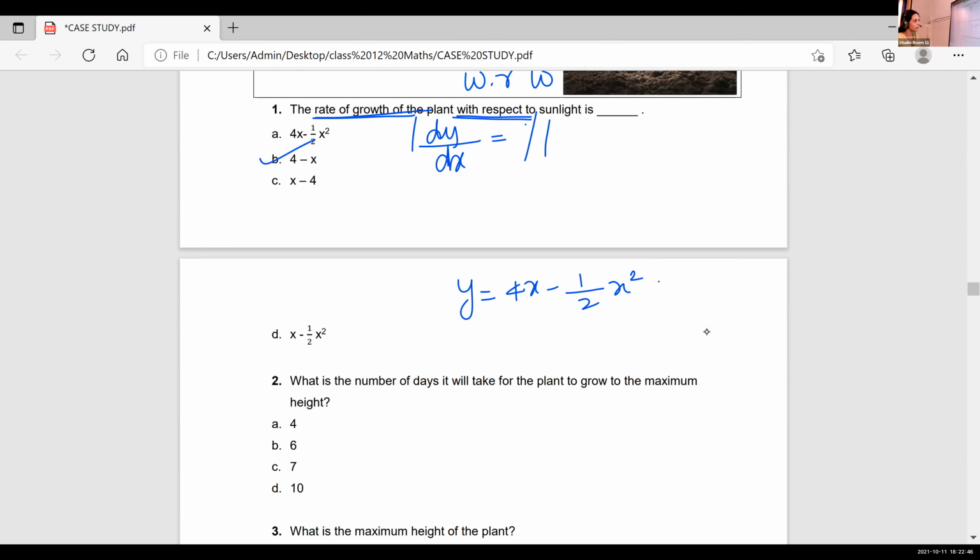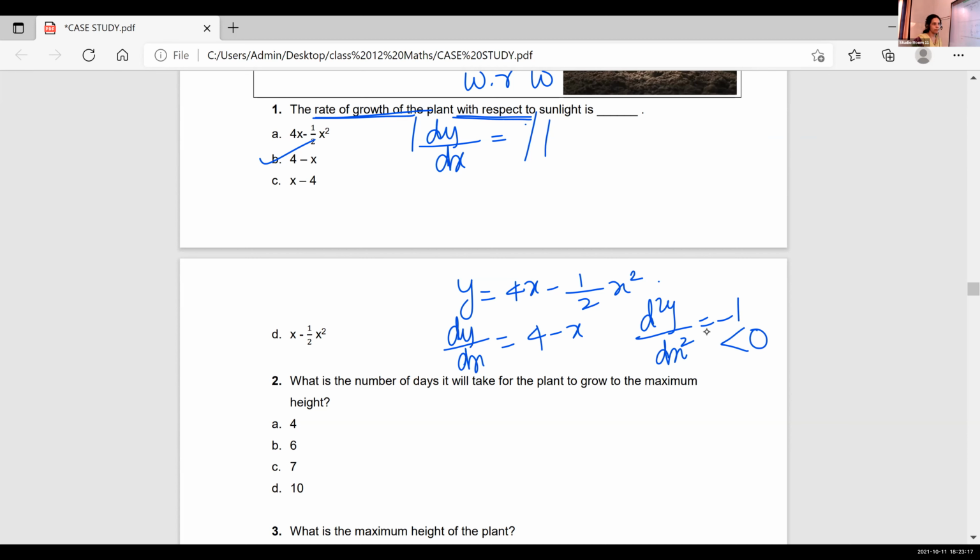How do we find the maximum value? How many times do you have to differentiate, Karthik? Two times. So find out dy/dx. dy/dx we already calculated as 4 - x, isn't it? And what is d²y/dx², the second order derivative? It is -1. For maximum, the second order derivative must be negative, that is less than 0.